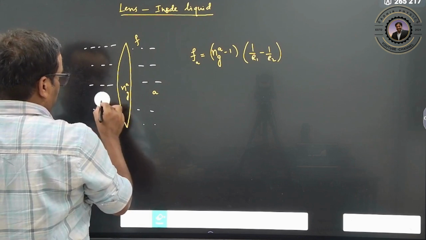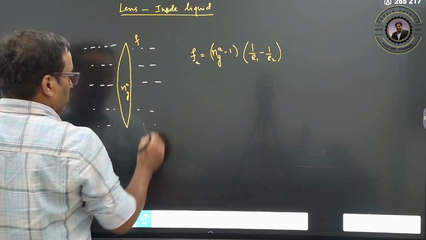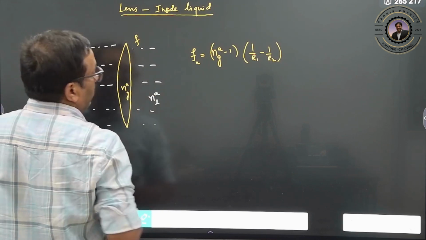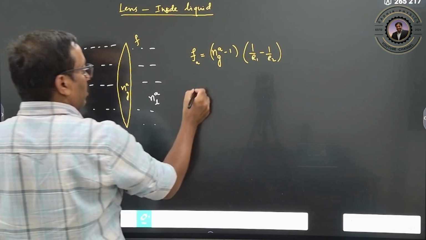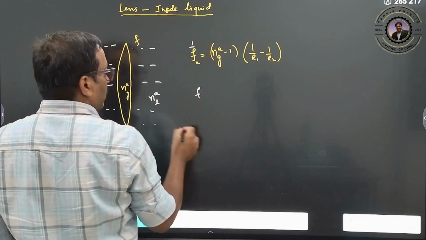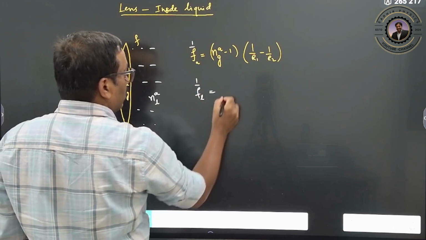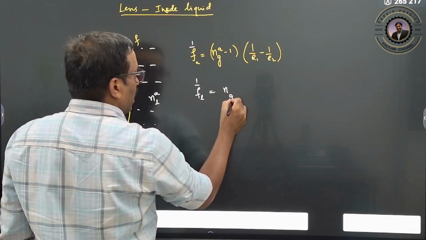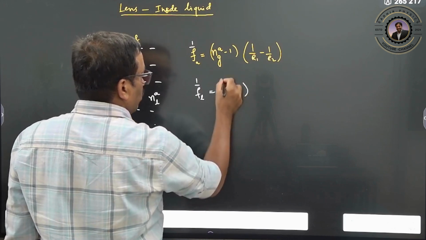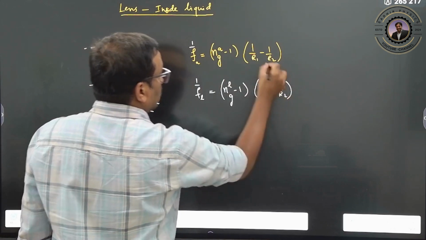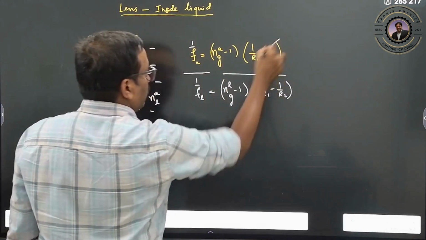Now we are going to keep it inside the liquid, whose refractive index is NL. Clear? Now what you can write: 1 by f in liquid will be equal to refractive index of the glass with respect to liquid minus 1 into 1 by r1 minus 1 by r2. This is not going to change, therefore it will get cancelled out.